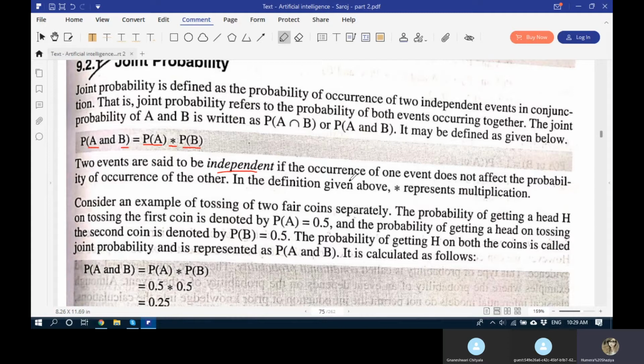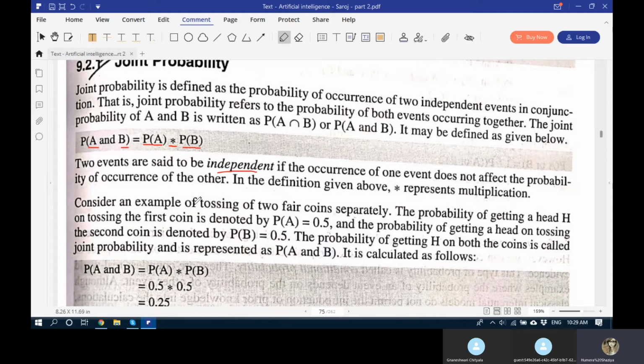These two are independent events; actually, they are not related. But if you join them using joint probability, then you have to perform a multiplication operation of P of A into P of B.